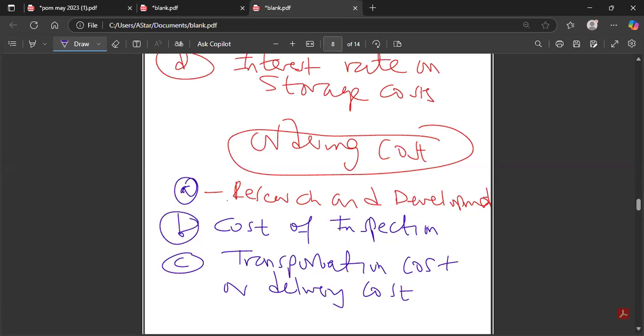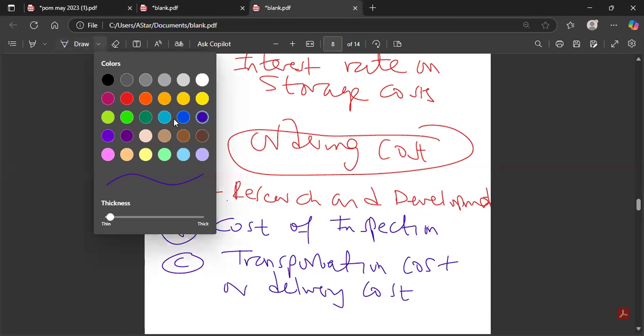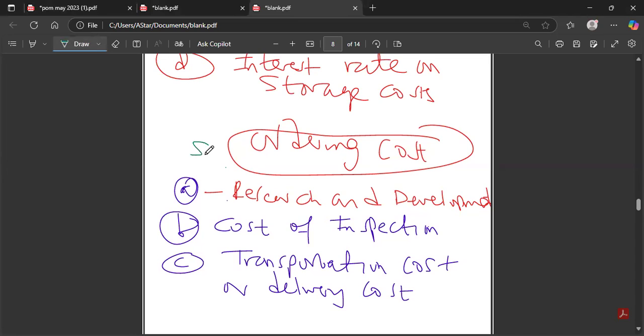These are the ordering costs: research and development, cost of inspection, transportation cost or delivery cost. And ordering cost is denoted by S.